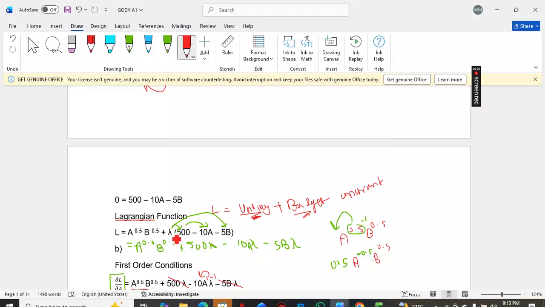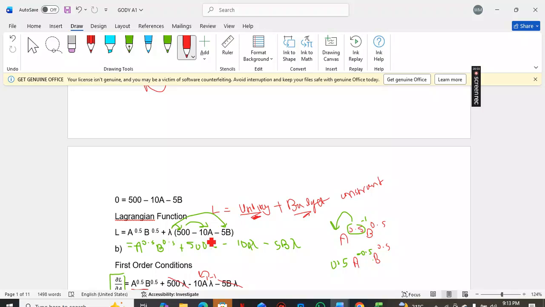Lambda is telling you how much your satisfaction will increase for every 1 kwacha you increase your income by. Then you put the adjusted budget constraint equation here. That is step 2. You have set up your function.